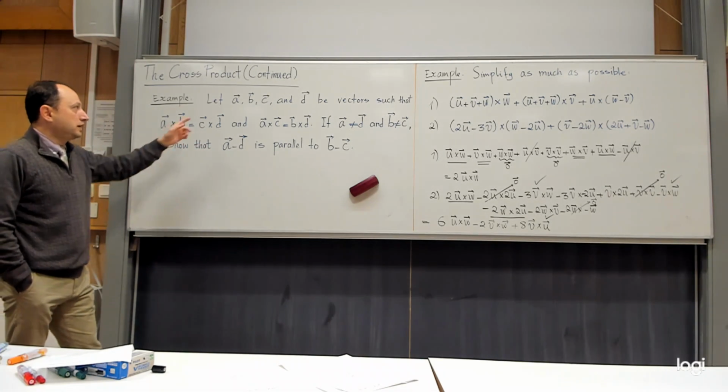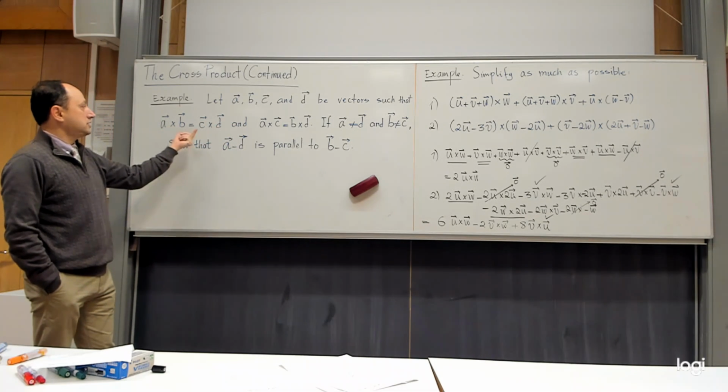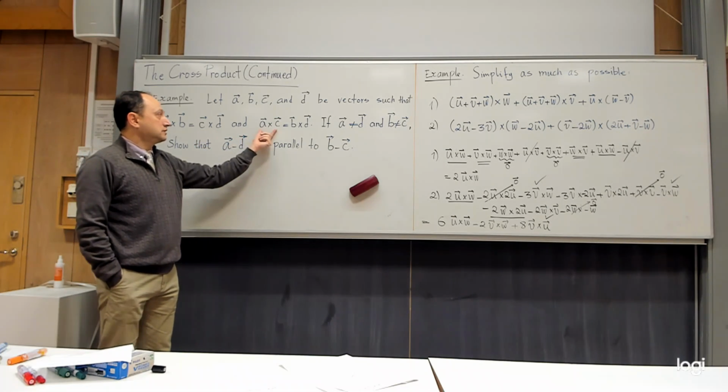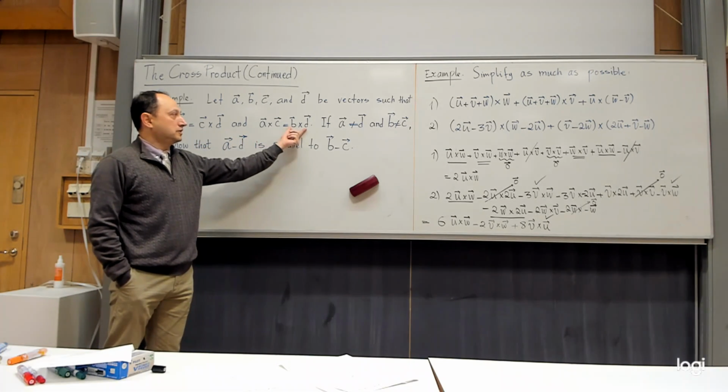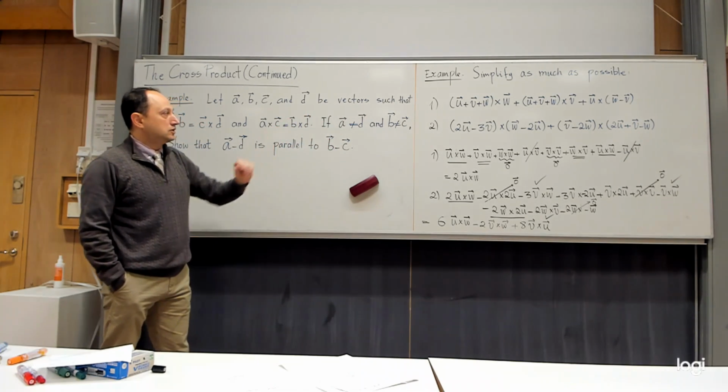So I have four vectors, A, B, C, and D. What I know is this cross product turns out to be equal to this cross product, and this cross product turns out to be equal to this cross product. And we know that A and D are not the same, B and C are not the same vectors.